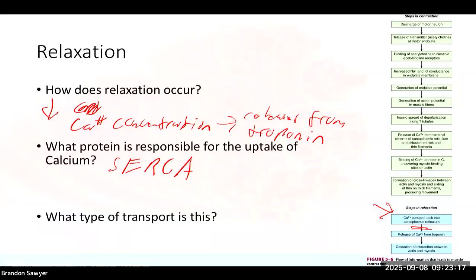That's why it has those two different names. What type of transport would this be? We talked about the different types last time, right? What is it? Primary active, perfect, yeah. Primary because of the ATP, active because it's going to keep pushing calcium in even when there's already more calcium inside the sarcoplasmic reticulum. Okay. All right. Questions on any of this?